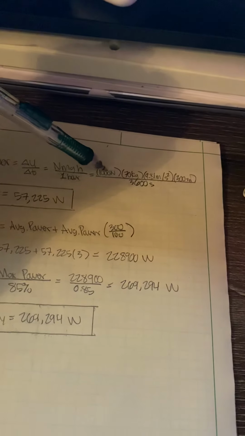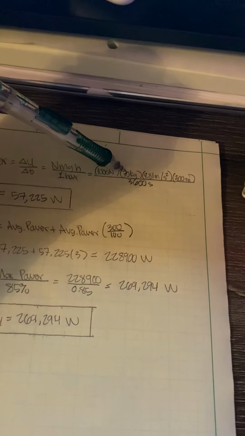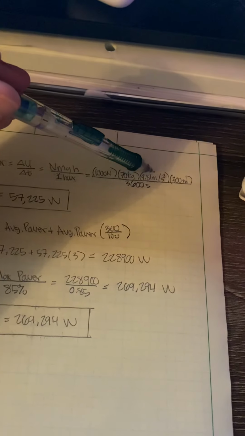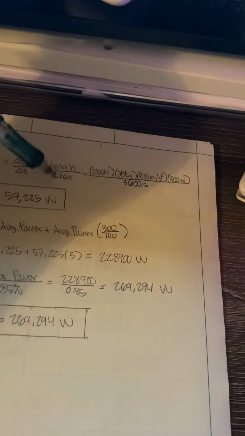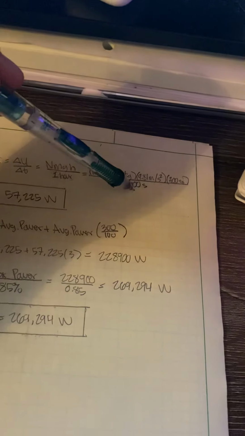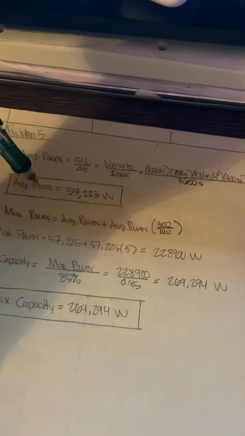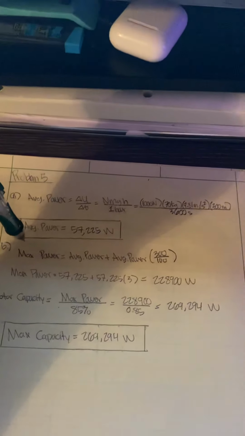We have 1,000 right here, 70 kilograms for the mass, 9.81 for the gravity, and the height was 30 meters. And then I converted the hour to seconds just to cancel this out right here, and we end up getting that the average power is 57,225 watts.